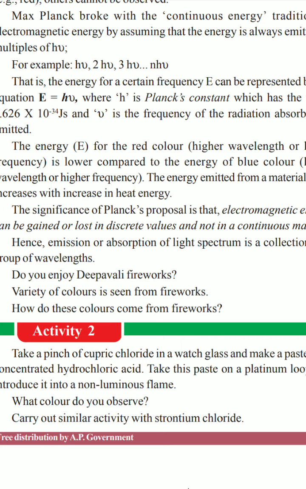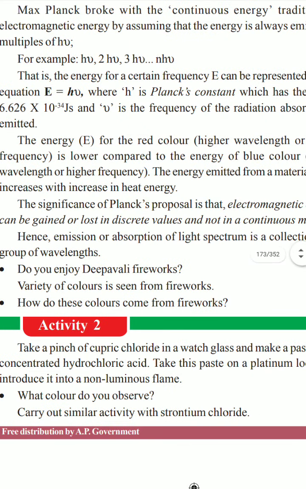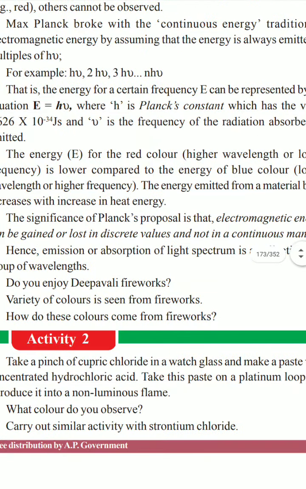So finally, the emission or absorption of a light spectrum is the collection of a group of wavelengths. A group of wavelengths means the colors of light. Whatever colors of light we have in the electromagnetic spectrum are the emission or absorption of the light spectrum.